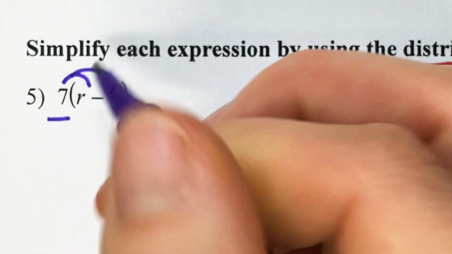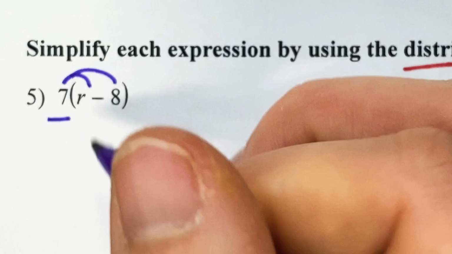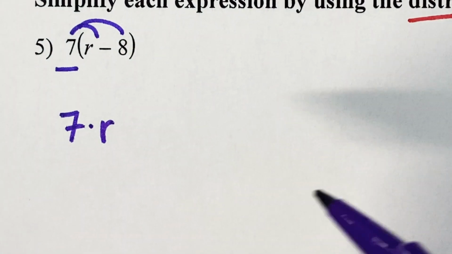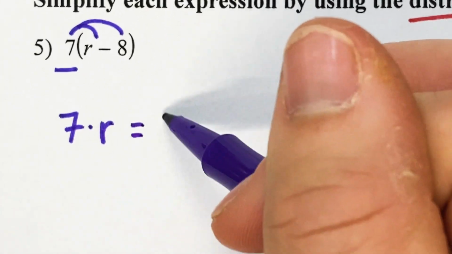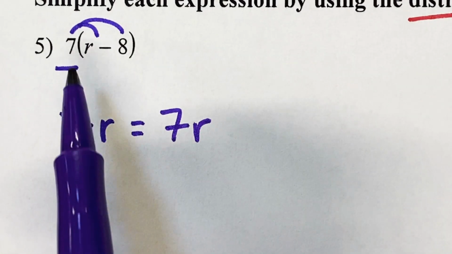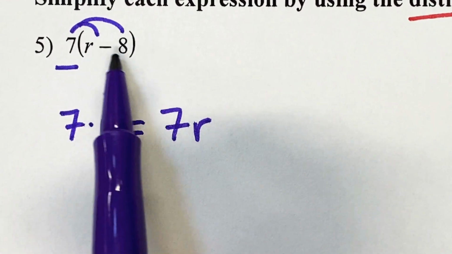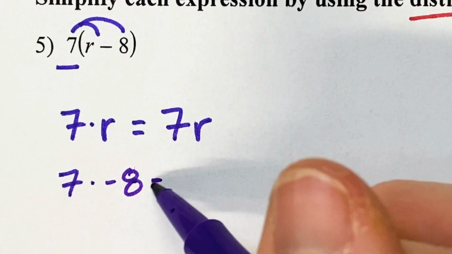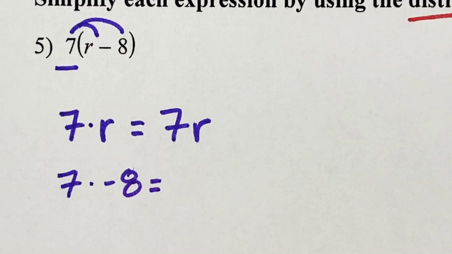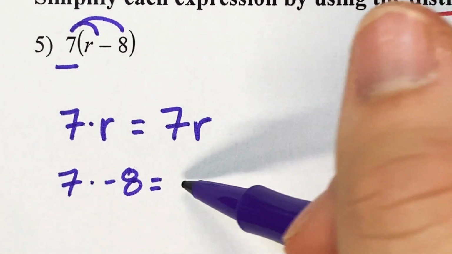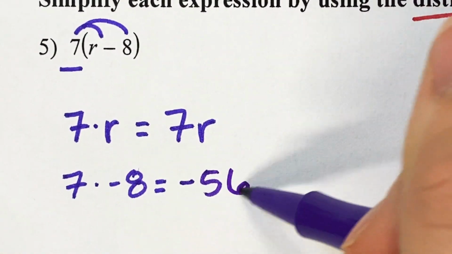First, we take the 7 and multiply it by the r. So 7 times r is going to give me 7r. Now we have 7 times negative 8. What's that going to give us? You are always free to use a calculator. I'm using one right now. 7 times negative 8 gives me negative 56.